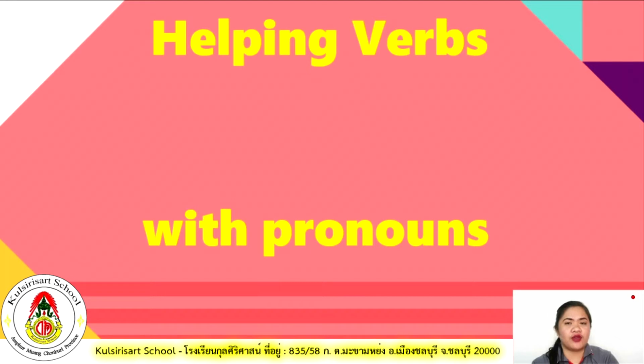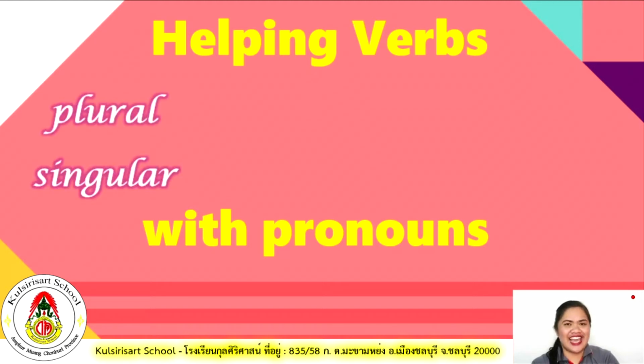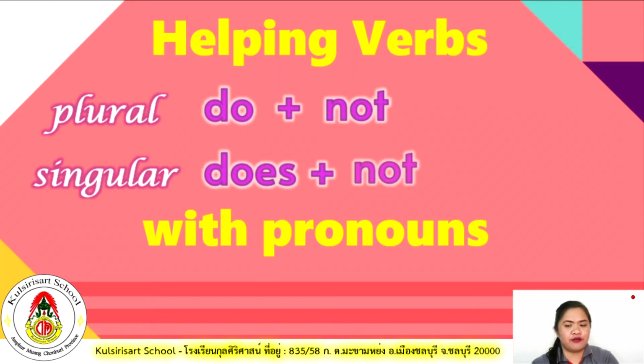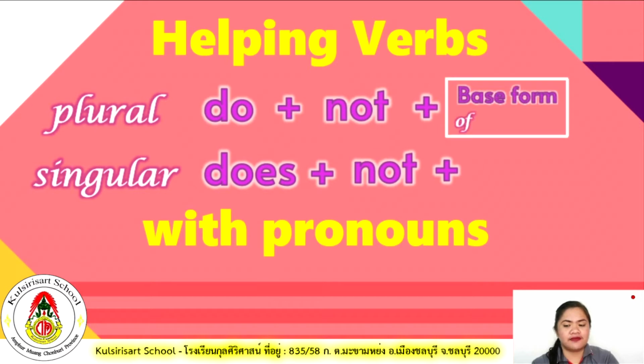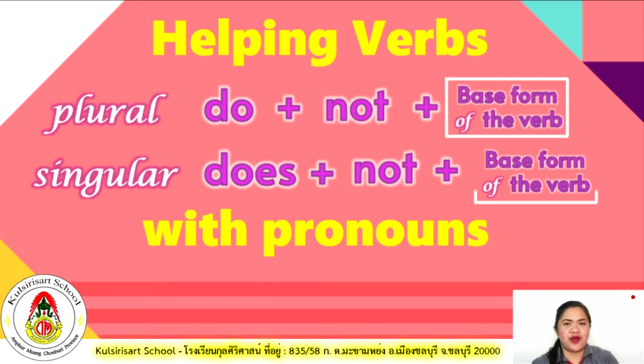Again, when we talk about pronoun, it replaces the function of noun in the sentence. So we have here, again, the same. We will use do for plural, does for singular, and then both of them will have not, and then the base form of the verb. But this time, we will apply the rules of pronoun.